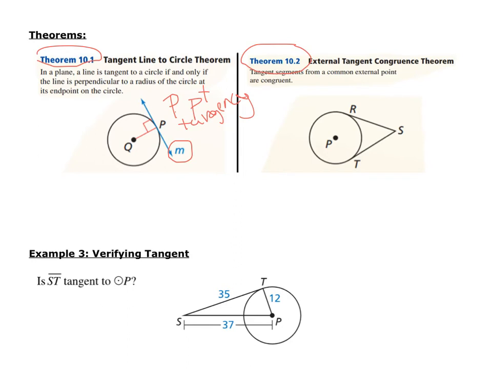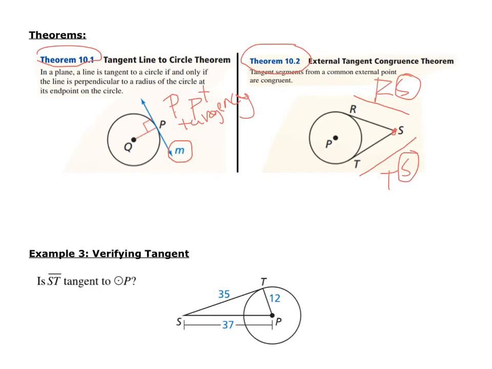Then the next theorem says the external tangent congruence theorem, and what it's saying is if you have two tangent segments, for instance right here, RS is a tangent segment, so there's one, and TS is a tangent segment. Notice what they both have in common. Aren't they both sharing this same external point?